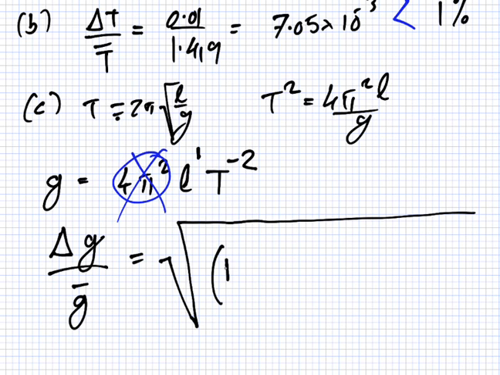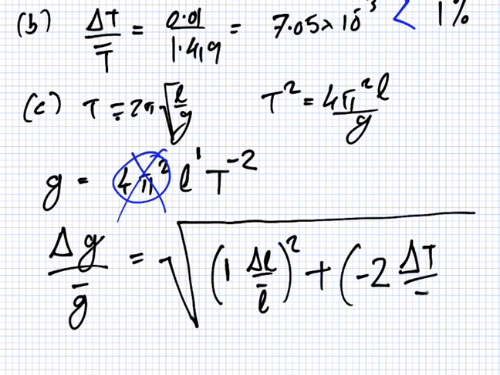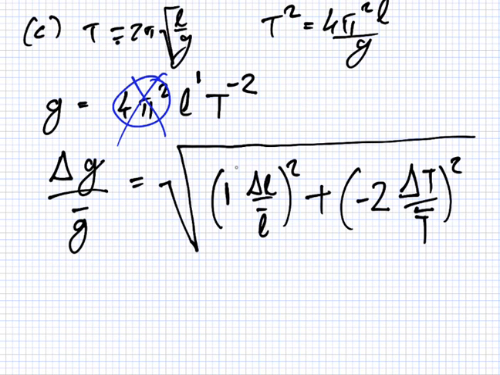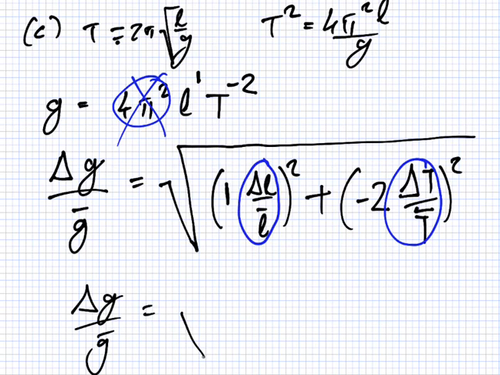It is delta L over L squared plus (2 delta T over T) squared. That's nice because we have this and this already.